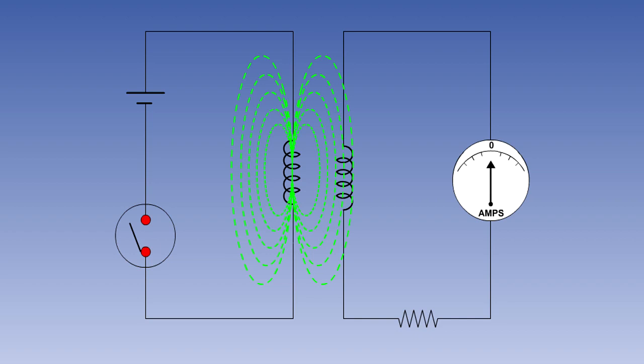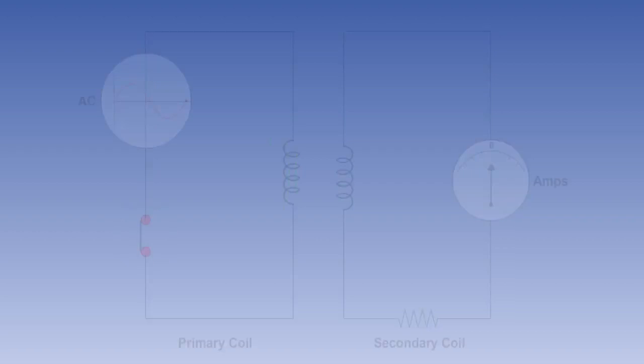The lines of flux of the collapsing field will now again be cutting through the secondary coil, but this time in the opposite direction, and a voltage and current in the opposite sense will be induced. Once the magnetic field has completely collapsed, the relative movement will again stop, and the induced current will again fall to zero.